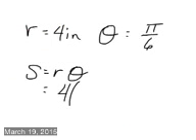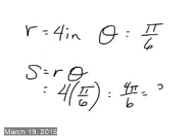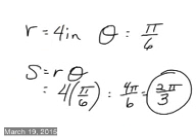What's theta? So when I multiply that out, I got 4 pi over 6, which ends up reducing down to 2/3 pi. That's the arc length. I don't think it says anything about what to round it to, so I'm going to leave it in terms of pi, unless it tells me that.